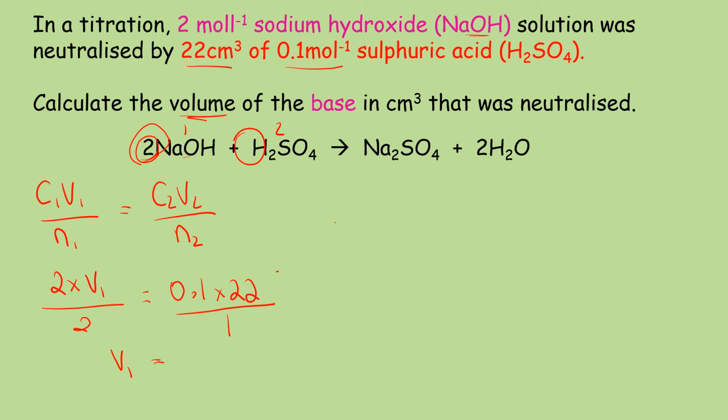On the other side, it is 0.1 times 22, which is 2.2, divided by 1 gives us 2.2. Oh, not 22, 2.2. And the answer comes out to be in centimetres cubed. So volume 1 would be 2.2 centimetres cubed.